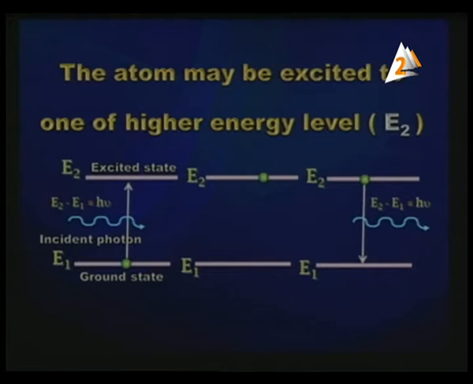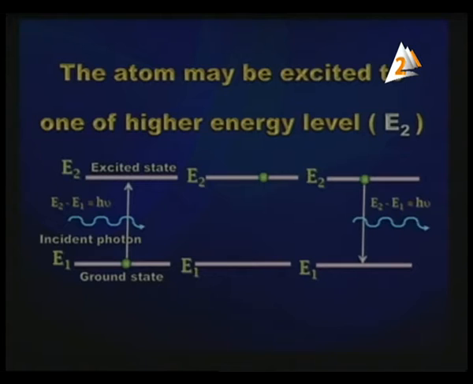To make the atom make a transition from the ground state into the excited state, we want an appropriate photon. What does it mean, appropriate photon? We want a discrete amount of energy which is equal to the difference between E2 and E1. When this appropriate photon falls on the atom found in the ground state, what happens?